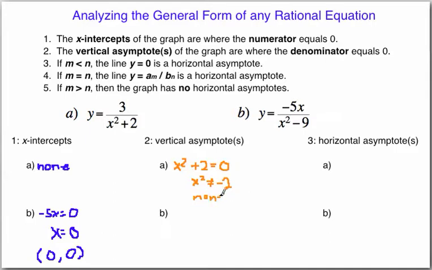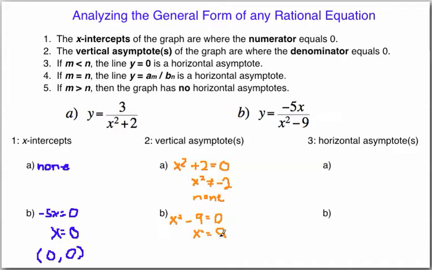Now let's look at our example over here. The denominator is x squared minus 9. We set that equal to 0, so x squared minus 9 equals 0. We add 9 to both sides, and you end up with x squared equals positive 9, which we can do.